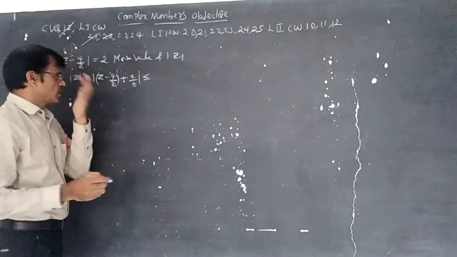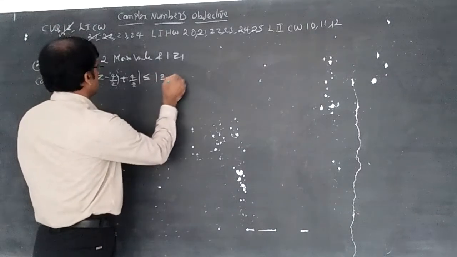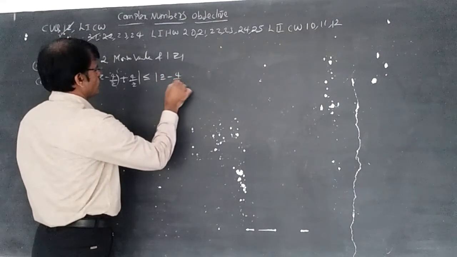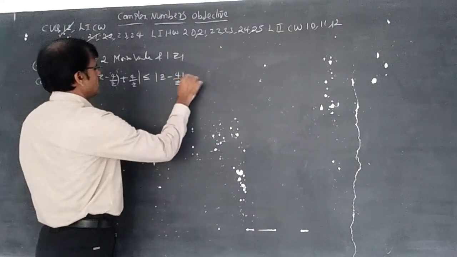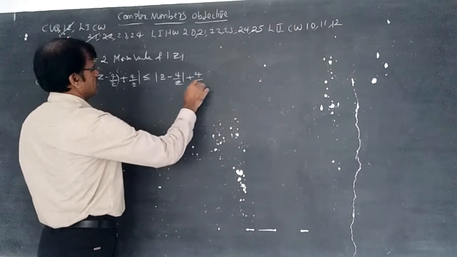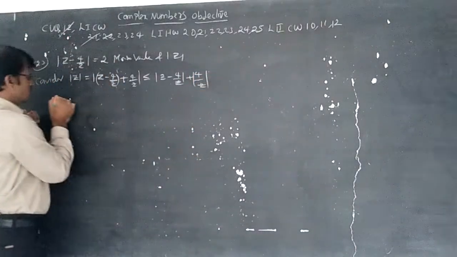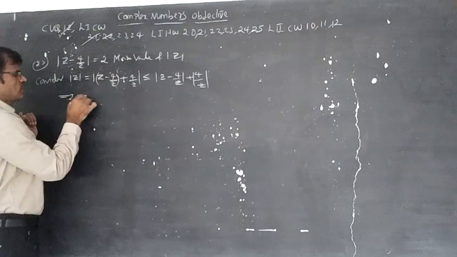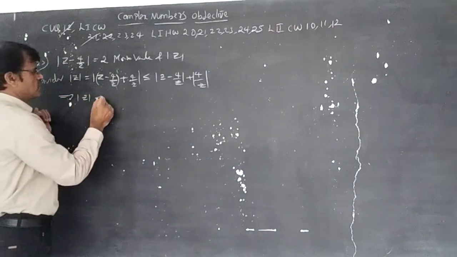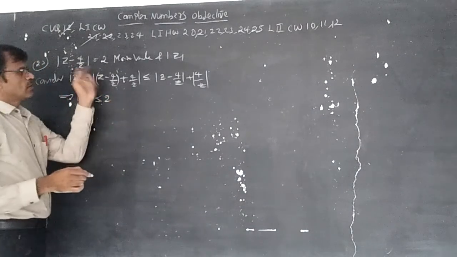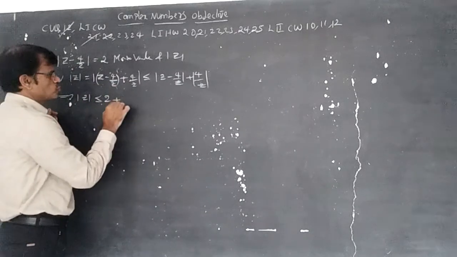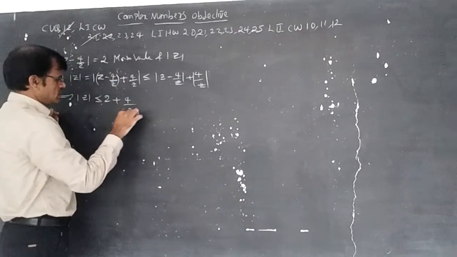By the triangle inequality, you can write modulus of z minus 4 by z plus modulus of 4 by z. That implies modulus of z is less than or equal to, modulus of z minus 4 by z value 2, plus 4 by mod z.